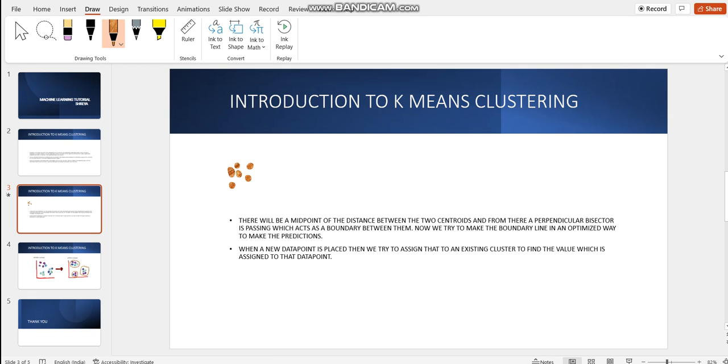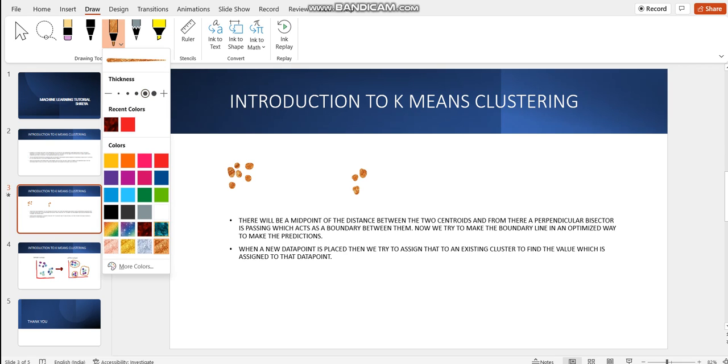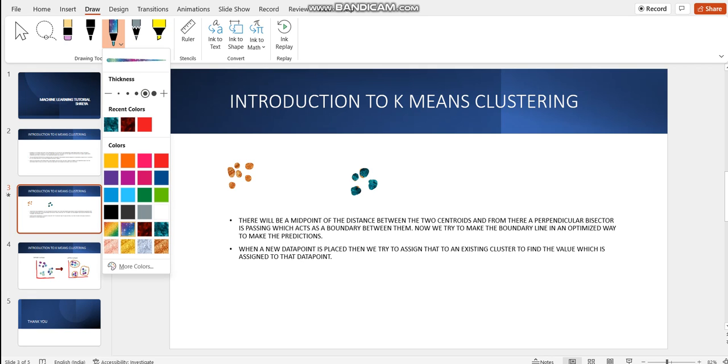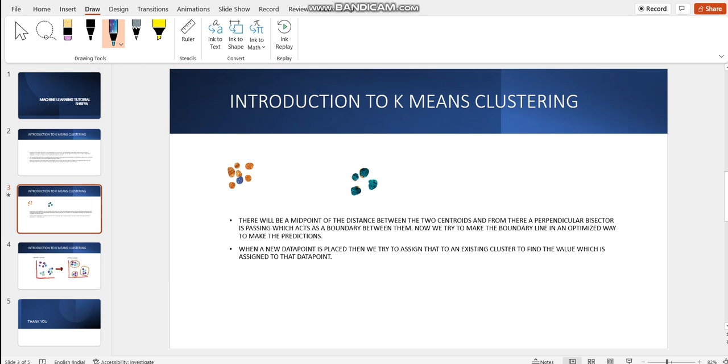These are the 5 or 6 points that we have, and somewhere here we have another set of different points, with a different color so that we can differentiate. So now, suppose this is our centroid. Okay, this is the centroid of this cluster, and this is the centroid of this cluster.